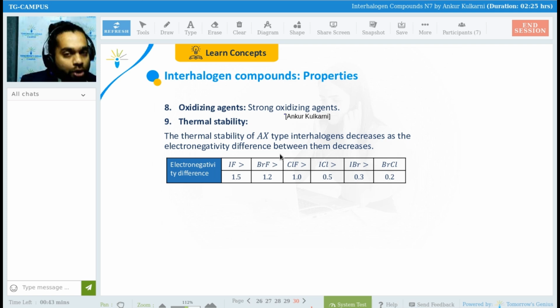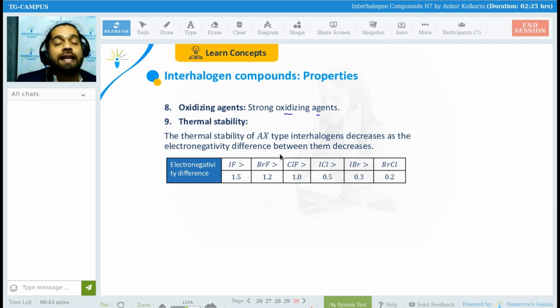Now, these are strong oxidizing agents. Next, the thermal stability. Look at this. This is what I was telling you, electronegativity difference. Obviously, as the electronegativity difference increases, the polarity will increase, and the compounds will break down faster. So you can write down the thermal stability based on their electronegativity difference.